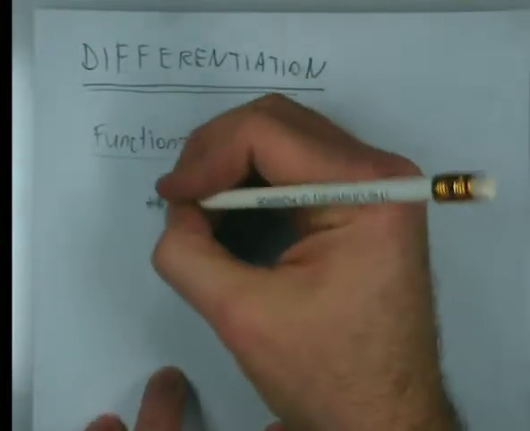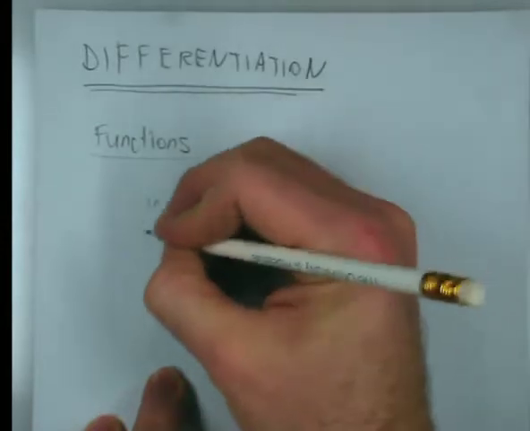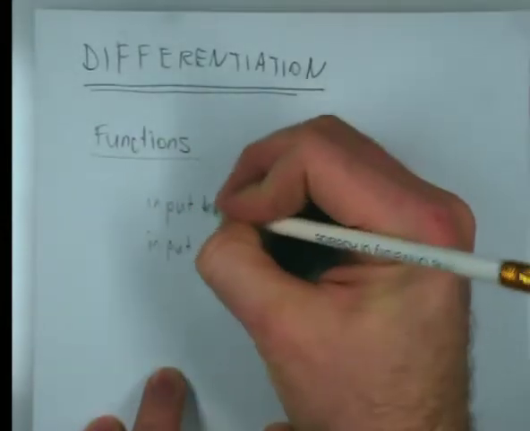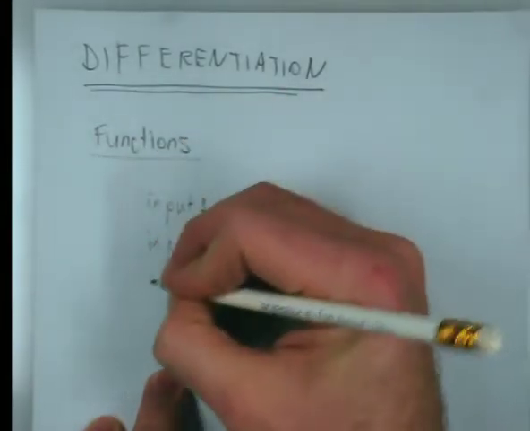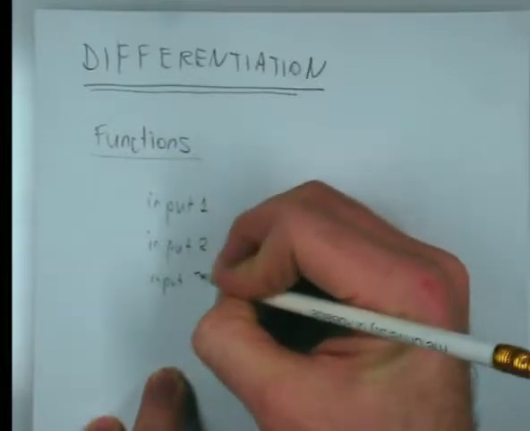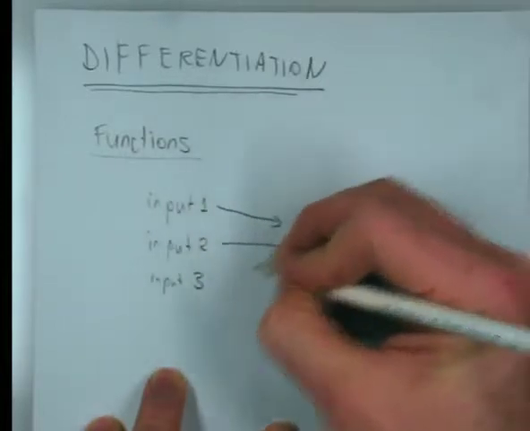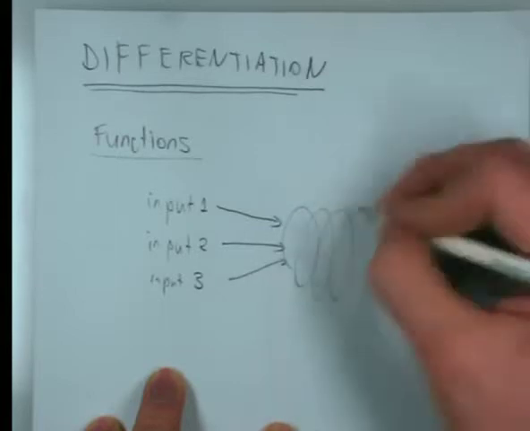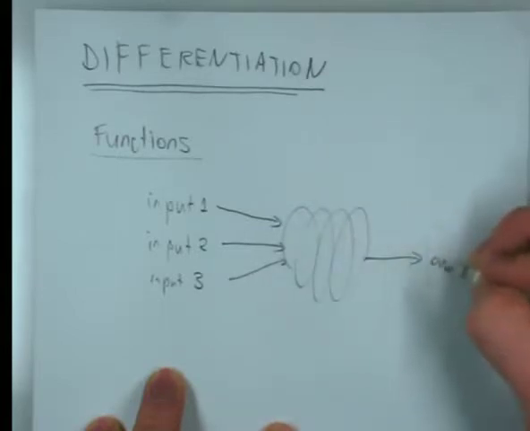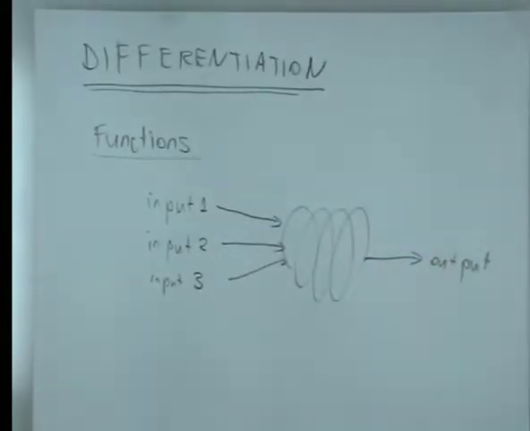So we have some number of inputs: input number 1, input number 2, input number 3, and they go into some sort of process and it spits out an output. That's the general idea of a function. There's a really formal mathematical definition, but this one is easier to understand and just makes more sense.